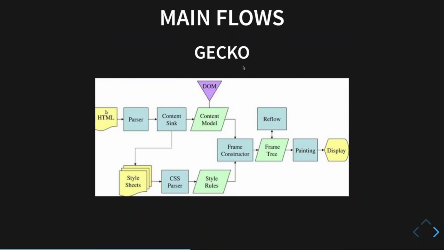In Gecko, we have similar steps. It also starts in parallel with HTML and CSS style sheets and their parsers: for HTML, HTML parsers, and for CSS, CSS style sheet parsers. So it's a content sink. It goes to the content model, and the CSS parser goes to CSS rules. At this level, they create the DOM, named the frame constructor.